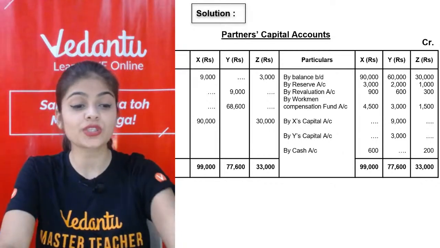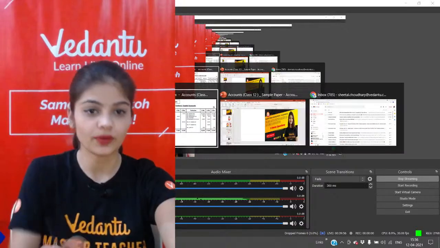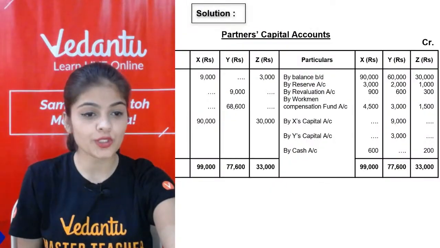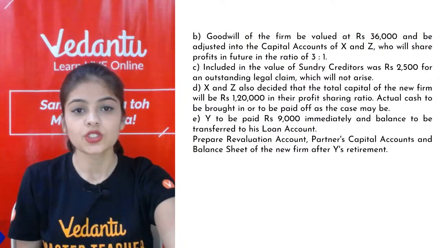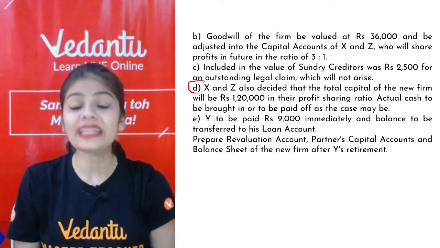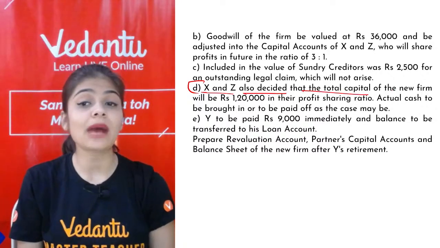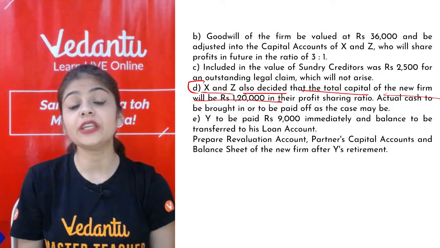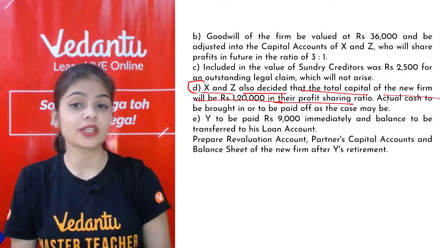In this question also we are given one adjustment. This point D says that X and Z also decided that the total capital of the new firm will be 1,20,000 in their profit sharing ratio.